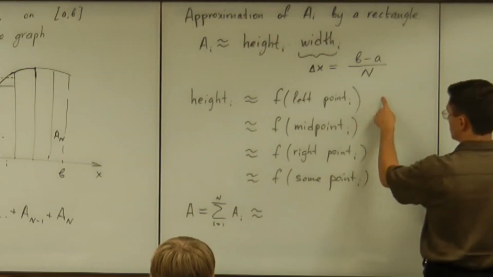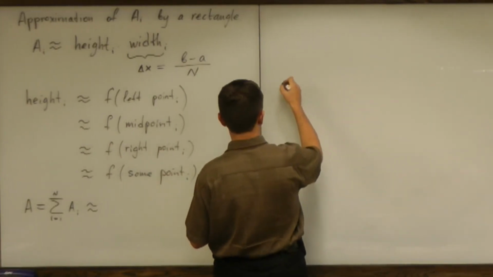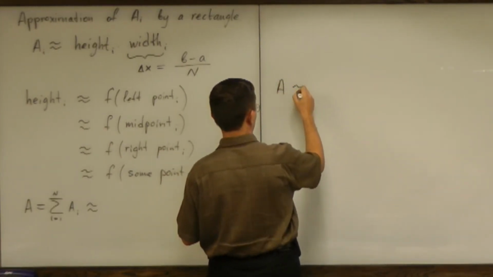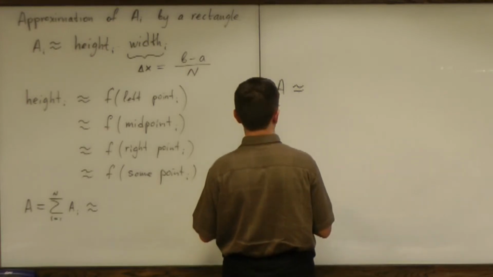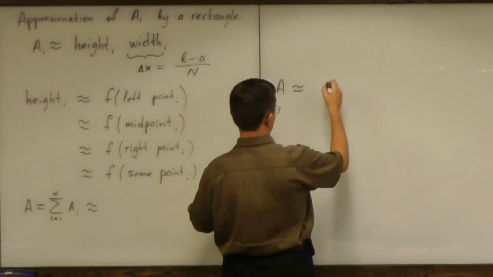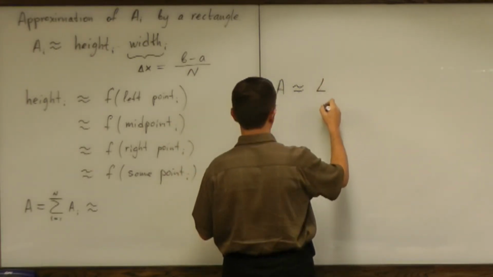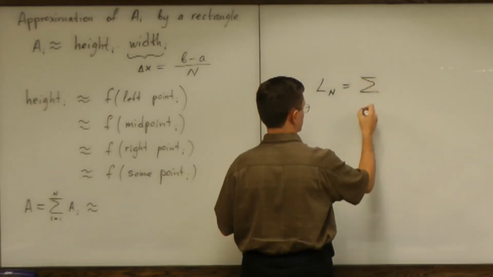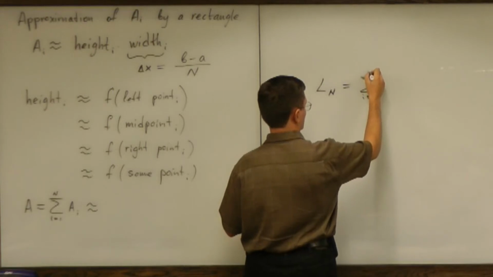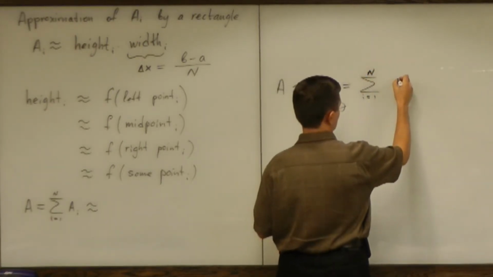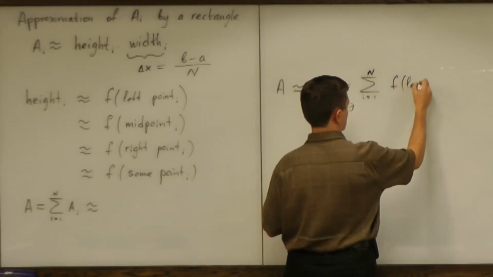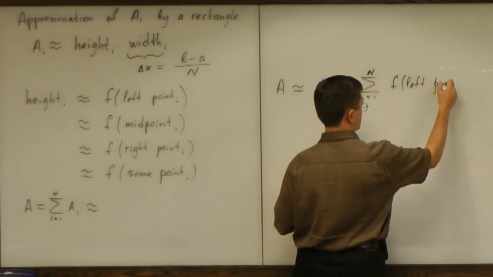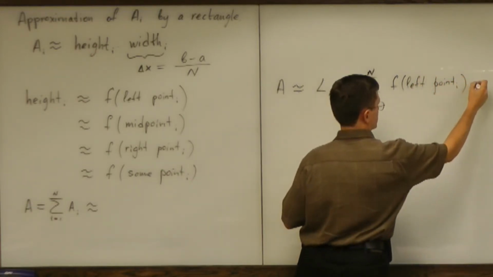So let me write those approximations in each case. So the area is approximately equal to this so-called L_n, the sum from 1 to n of f of the left point with index i times delta x.